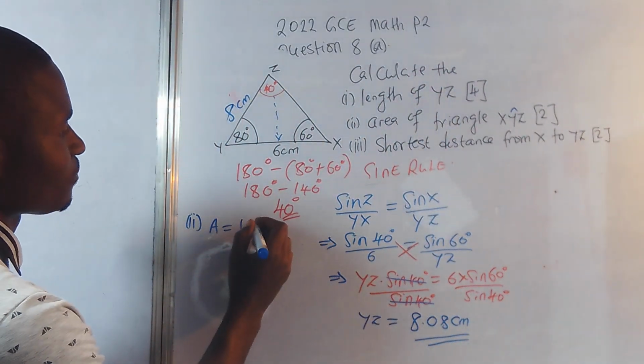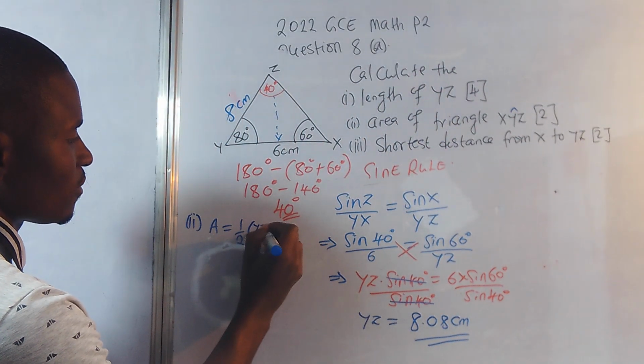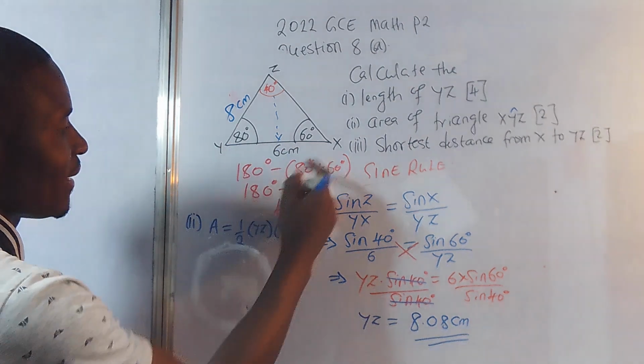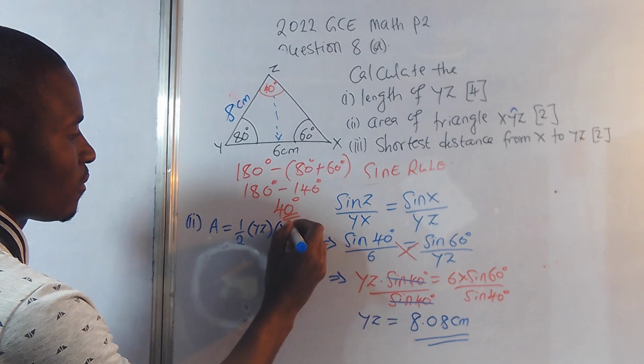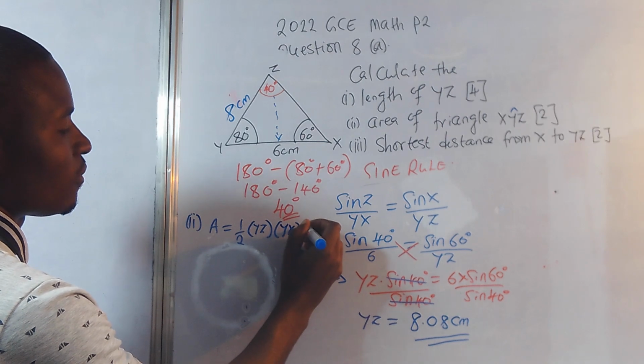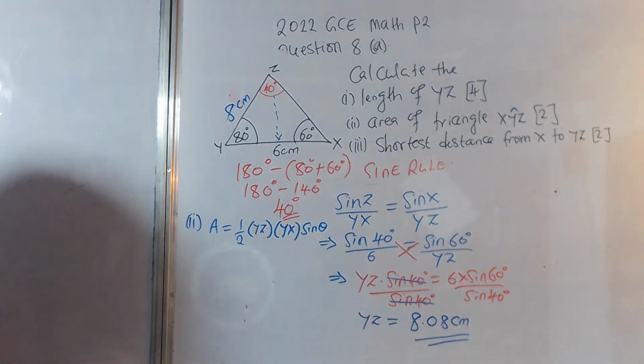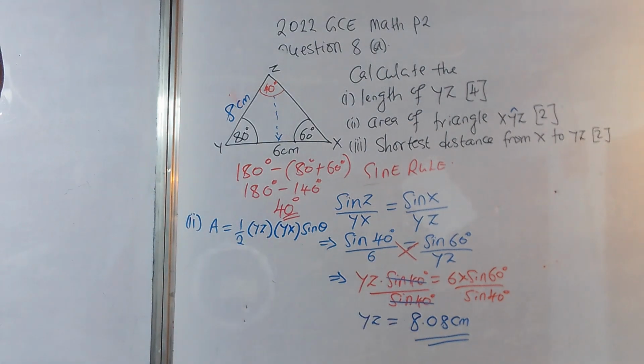So we're going to say YZ multiplied by YX times sine theta.